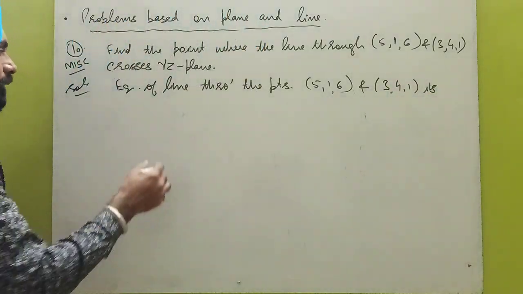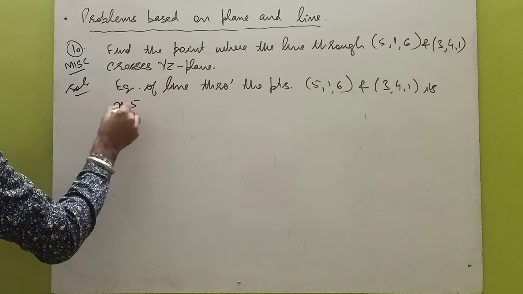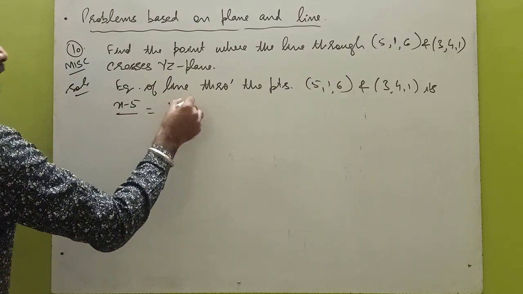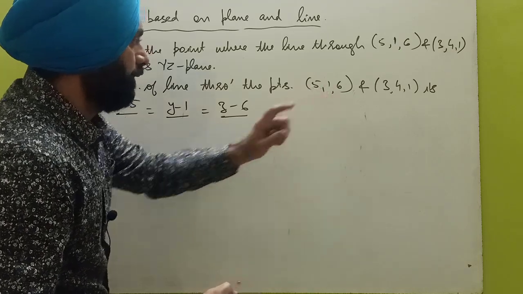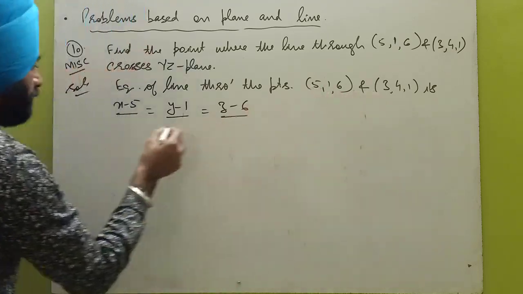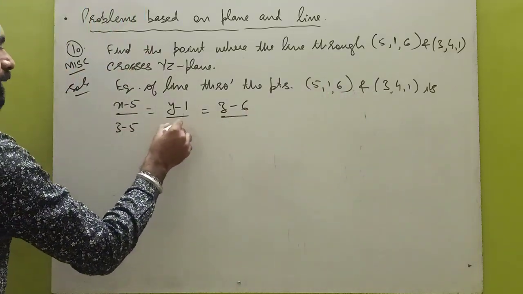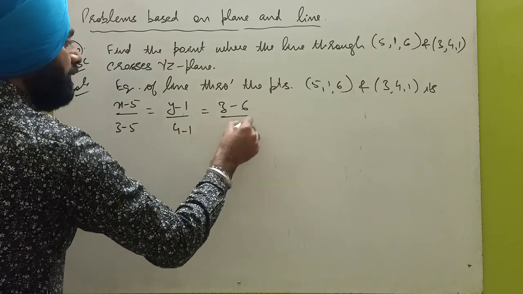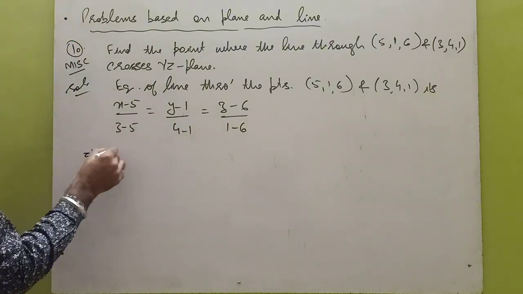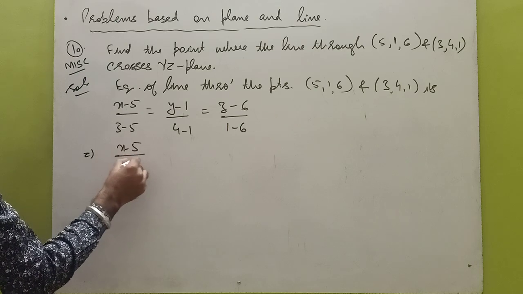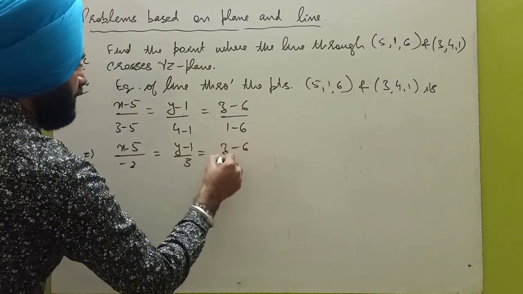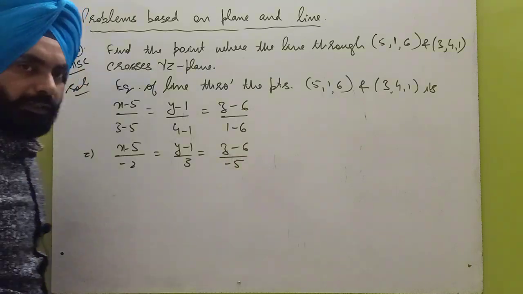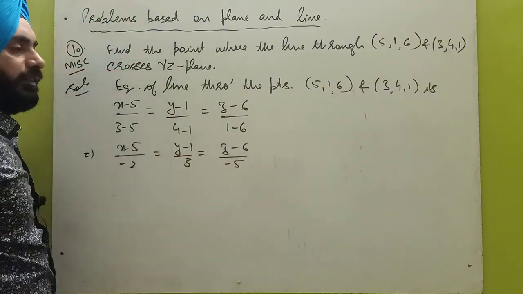Apply the two-point form of the line, that is (x minus x1) over (x2 minus x1) is equal to (y minus y1) over (y2 minus y1) is equal to (z minus z1) over (z2 minus z1). So the equation of line is (x minus 5) over minus 2, (y minus 1) by 3 and (z minus 6) over minus 5.